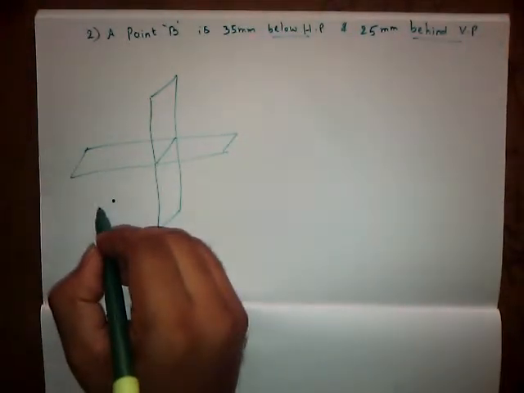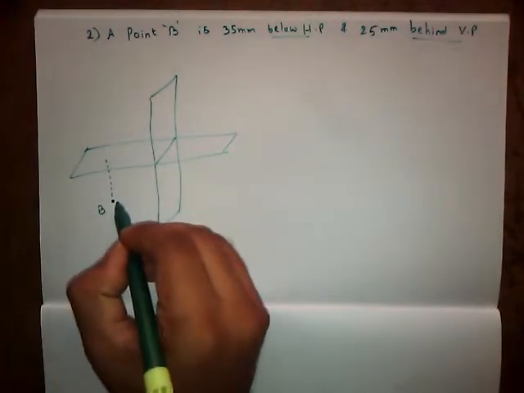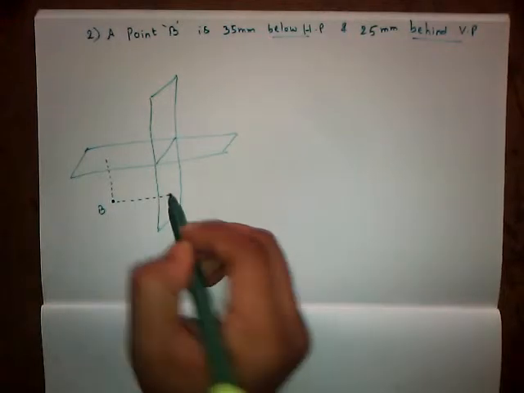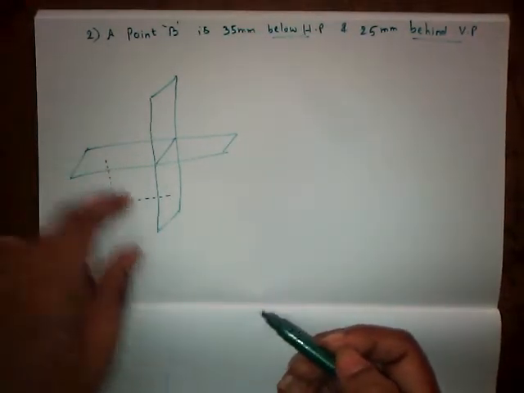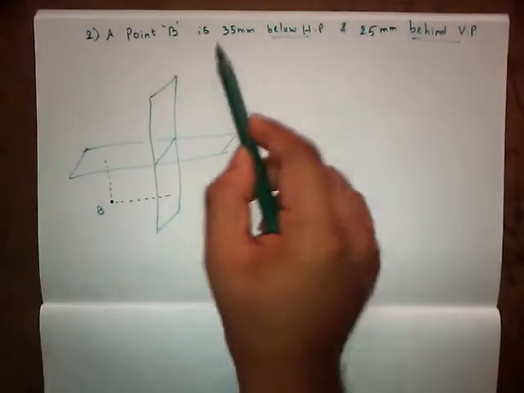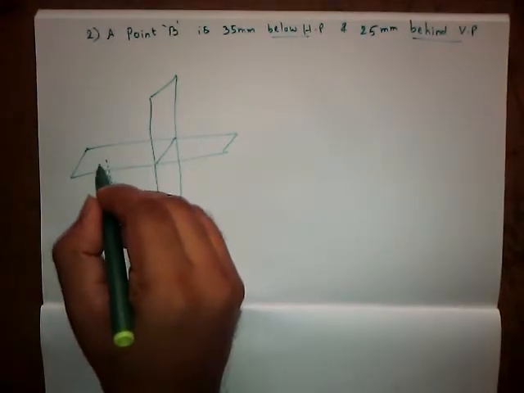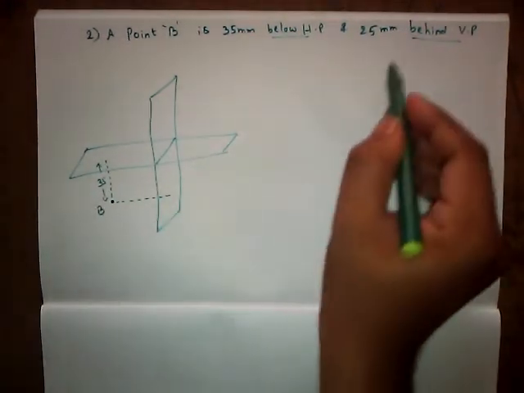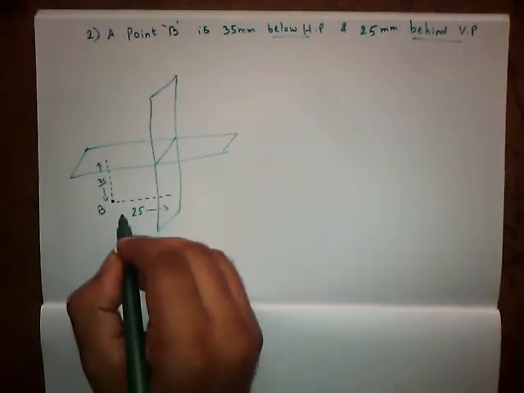The name of the point is capital B. Immediately draw dotted lines from the plane to the point. So this distance is coming from HP, so this is the HP distance, and this distance is coming from VP, so the VP distance. According to the question, we have 35 mm below HP, so this is 35 mm, and we have 25 mm behind VP, so this distance is going to be 25 mm.